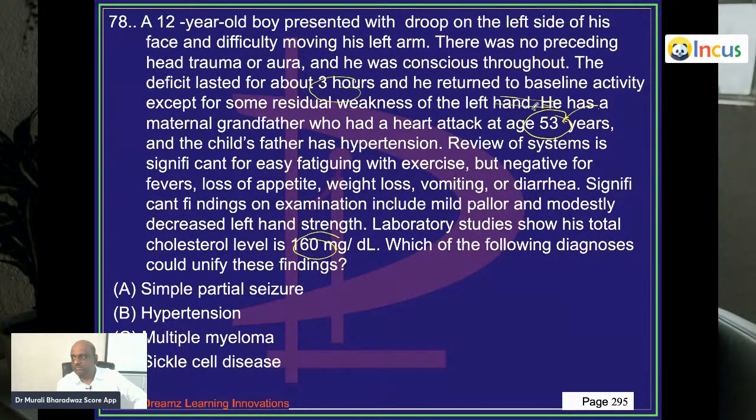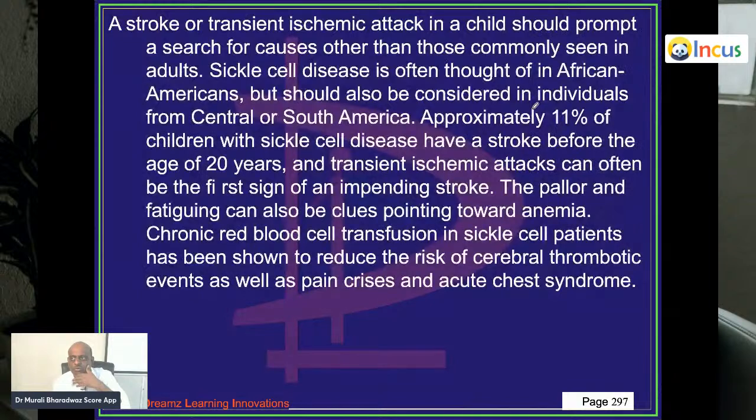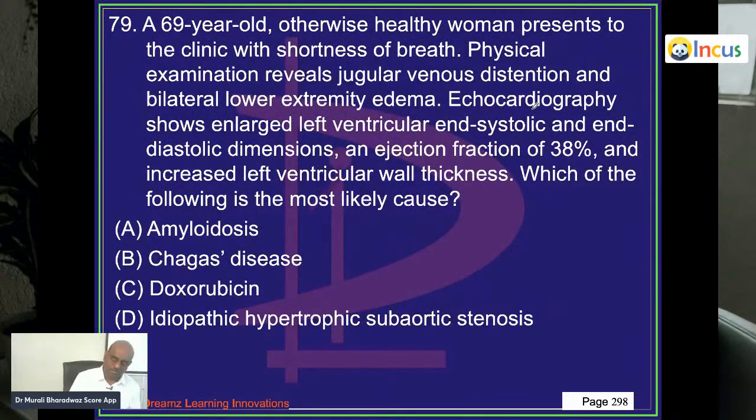They're all the features. So what is the possibility in this 12-year-old boy? A 12-year-old boy will not have a cholesterol problem, and cholesterol is also not alarmingly high. So it's a transient ischemic attack, a stroke transiently, which can occur in sickle cell disease.